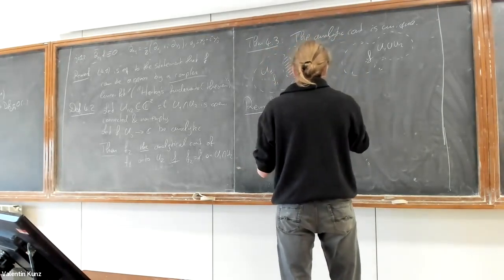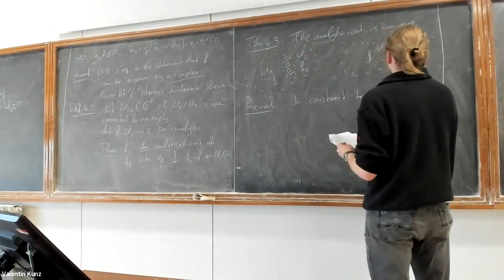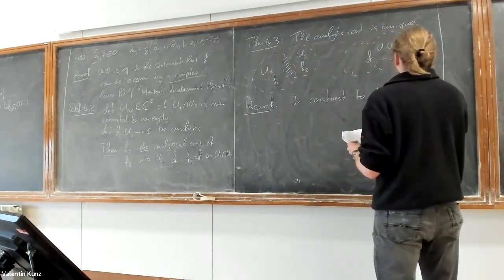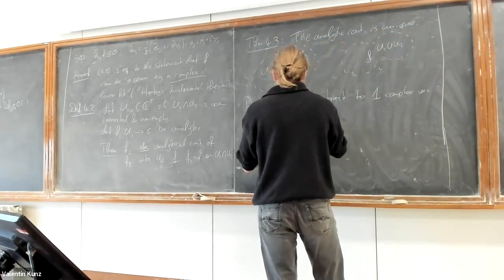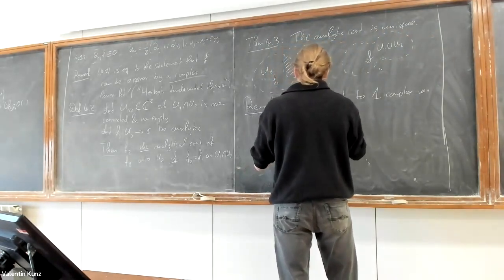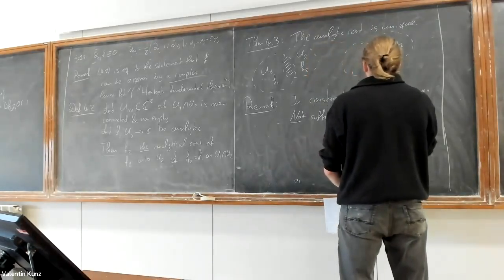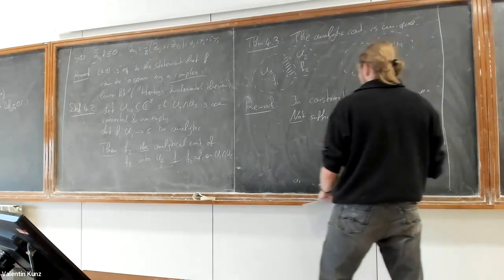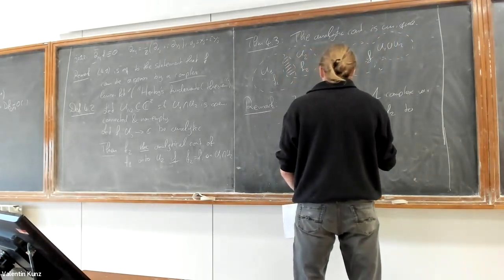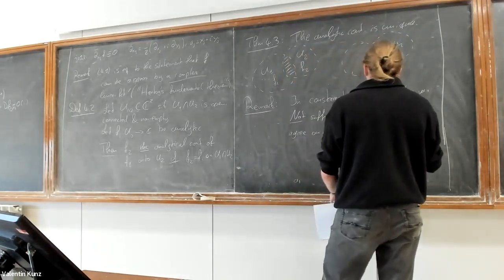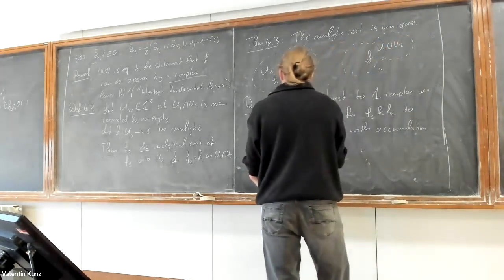So what's important is that, in contrast to one complex variable, it is not sufficient for f1 and f2 to agree on a set with an accumulation point.